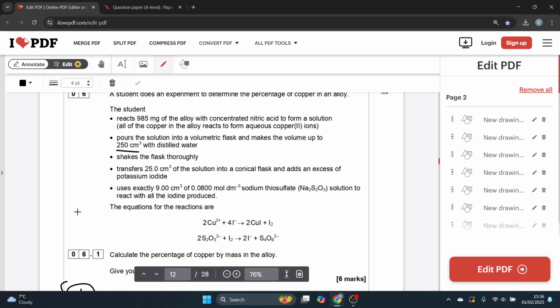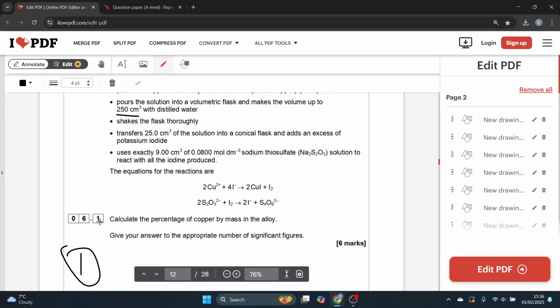Then I can work out the moles of copper iodide, then the mass, and then I can use that to work out the mass over the total mass.